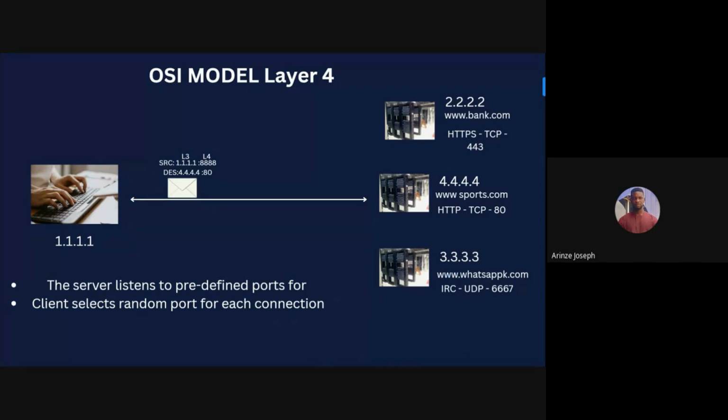The server has its own IP address, which is 3.3.3.3. And the sports site has its own address as 4.4.4.4, while the banking app has its own IP address as 2.2.2.2.